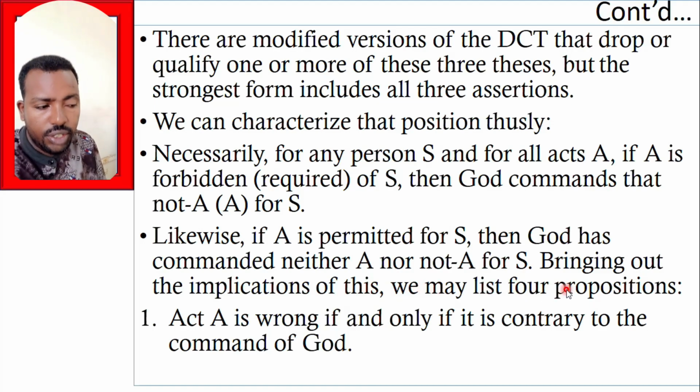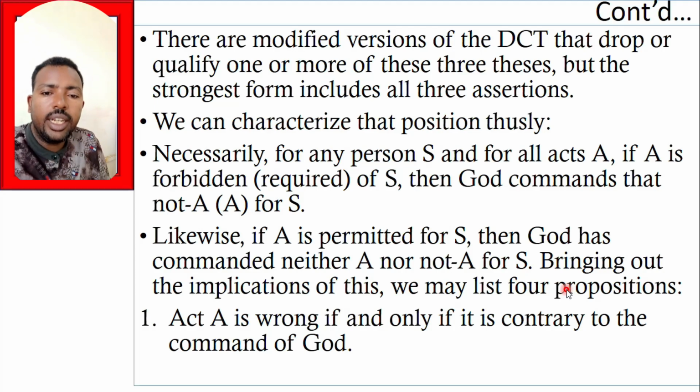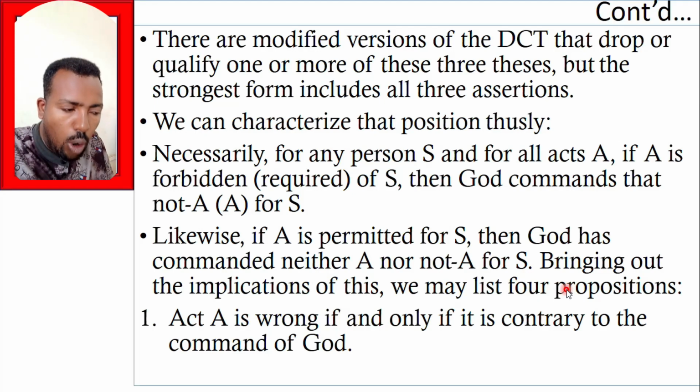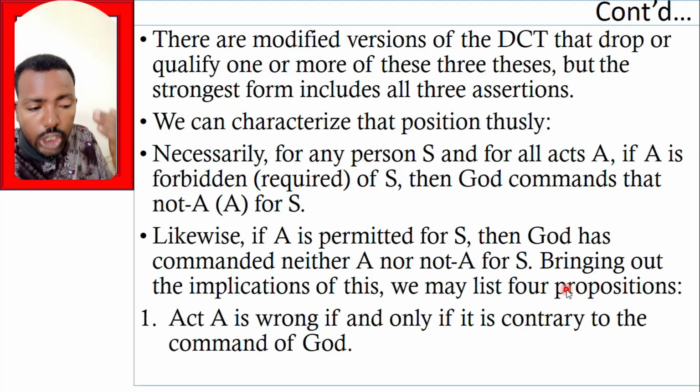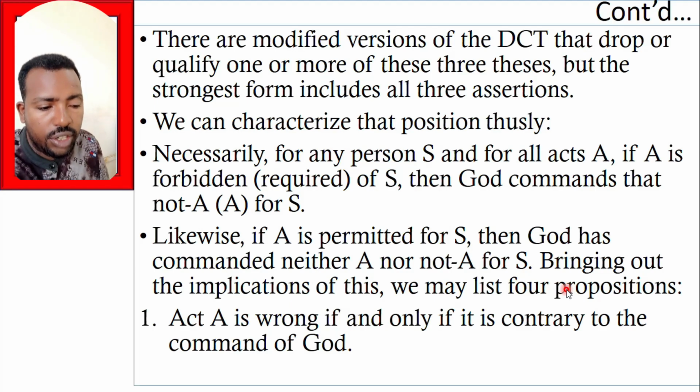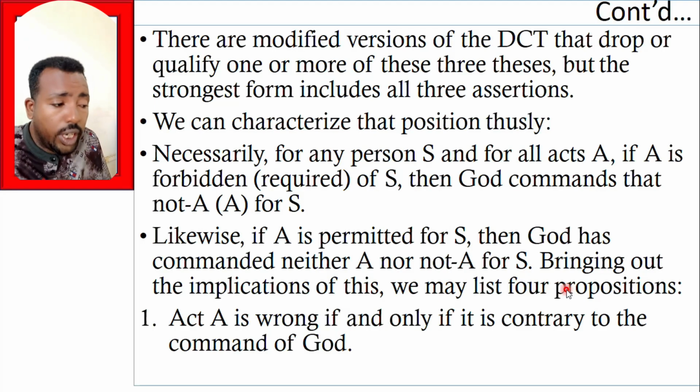For any person S and for all acts A, if A is forbidden for S, then God did not command A for S. By the way, this one is presented in terms of human reason, not command of God. So if God does not require us to do A, then not A is commanded by God.